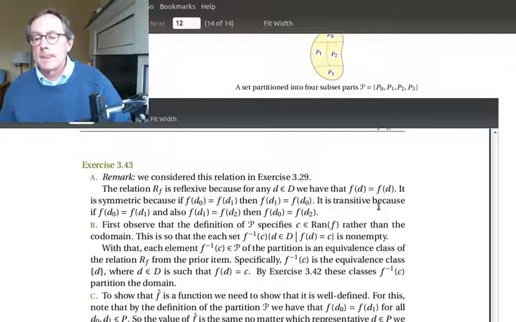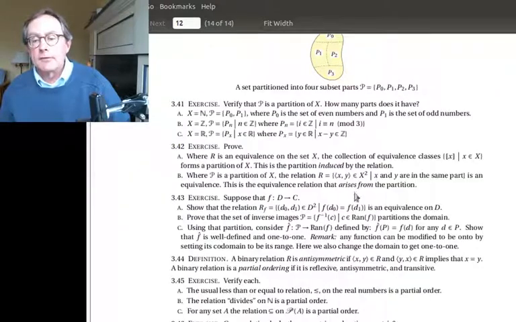There it is now. Okay, so I'm on 3.43, and I want to show, suppose that you have a function f from a domain D to a codomain, that the relation of pairs (d0, d1), where f of d0 equals f of d1, is an equivalence relation on D, and that the set of inverse images partitions the domain.